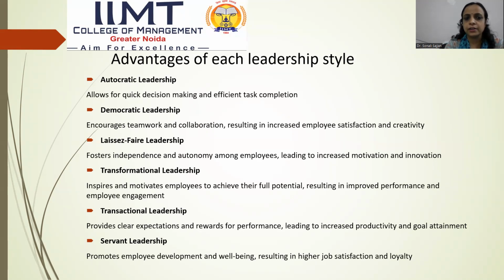First one, autocratic leadership. As we know, they have power centralized, which allows for quick decision making and efficient task completion. Means, first, if something is going on with the team, they have to take the decision from the higher authority. Then they put their task up for completion.